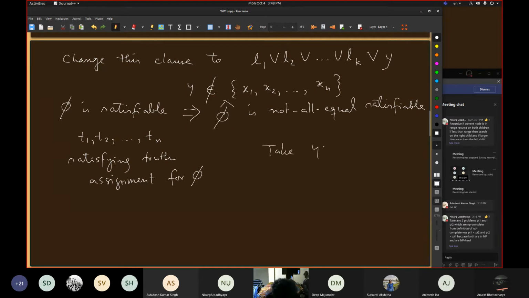And therefore, if phi is satisfiable, every clause of phi hat has at least one false variable and at least one true variable. So in other words, phi hat is not-all-equal satisfiable. Okay. What about the converse?